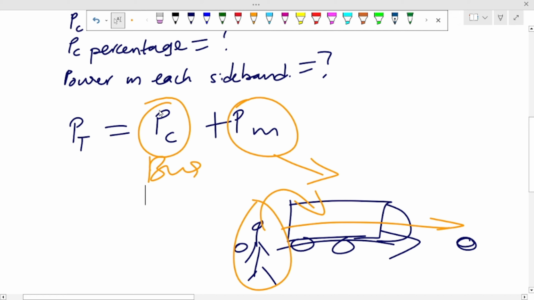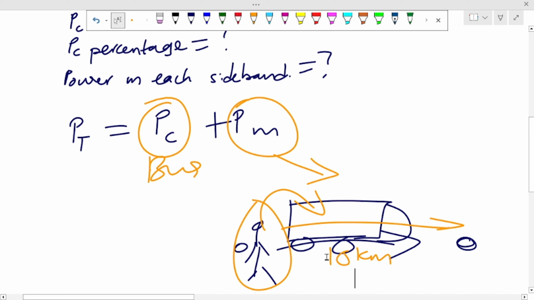Now this bus, which is our carrier, if there is nothing inside it, of course you need fuel, 10 kilowatts, to move it. That's the power to move this bus. Now if you put the message inside, which is somebody inside, it will still take the same amount of fuel.